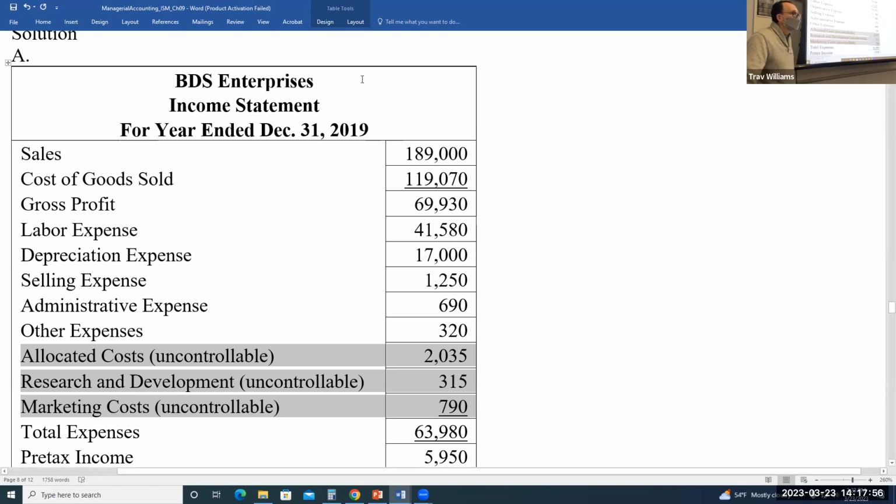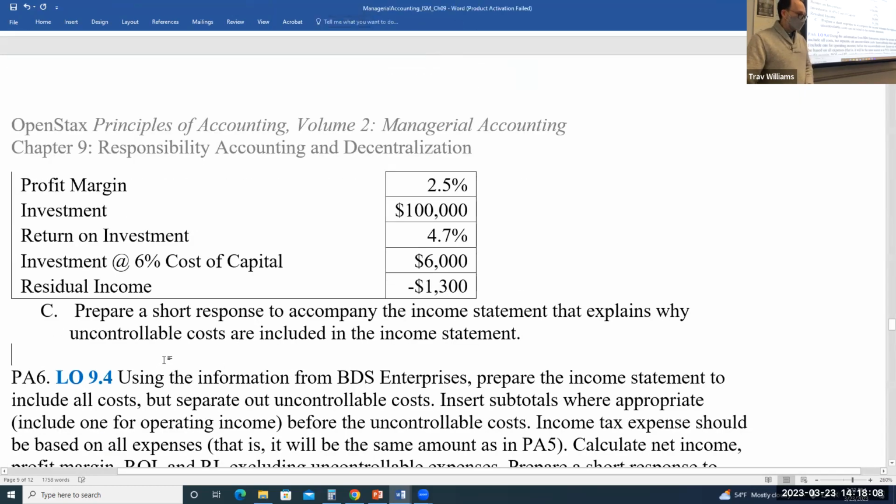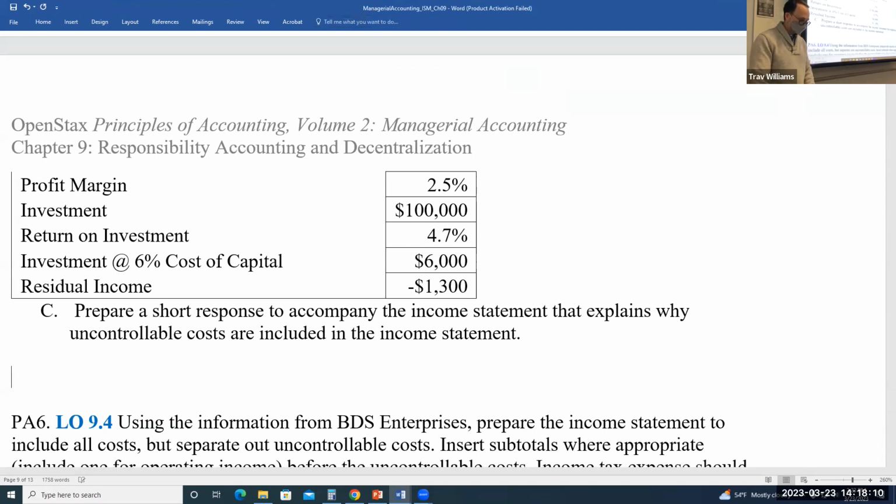So we go ahead and include those allocated costs to have a better picture of how much they're actually providing in value. So we could say BDS, which is the name of the organization, receives some sort of benefit from these costs.